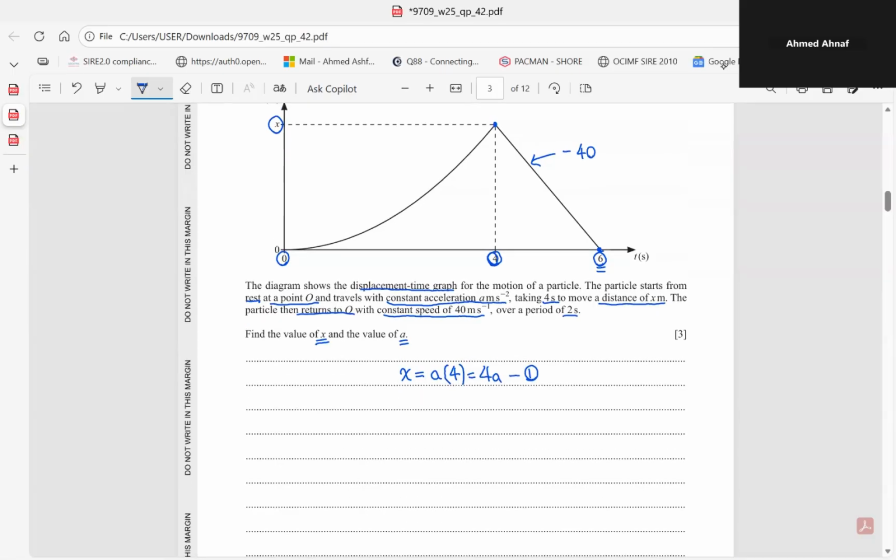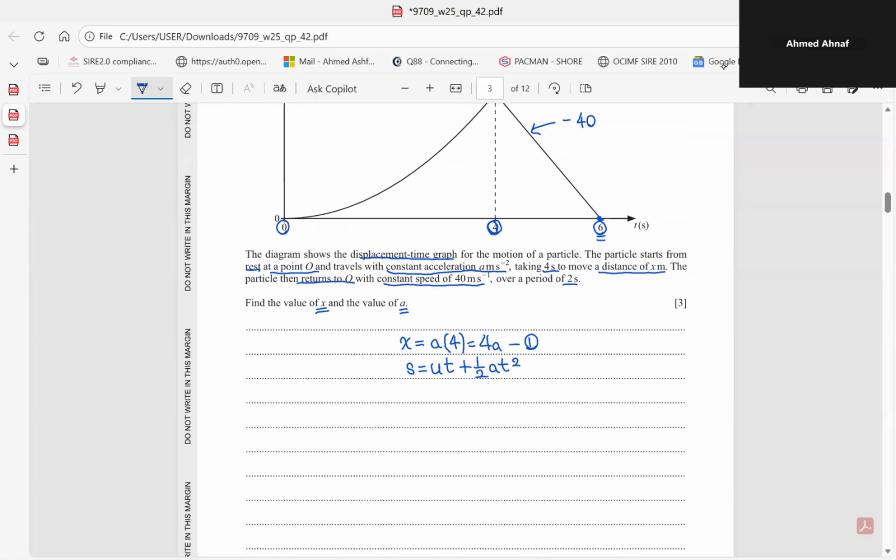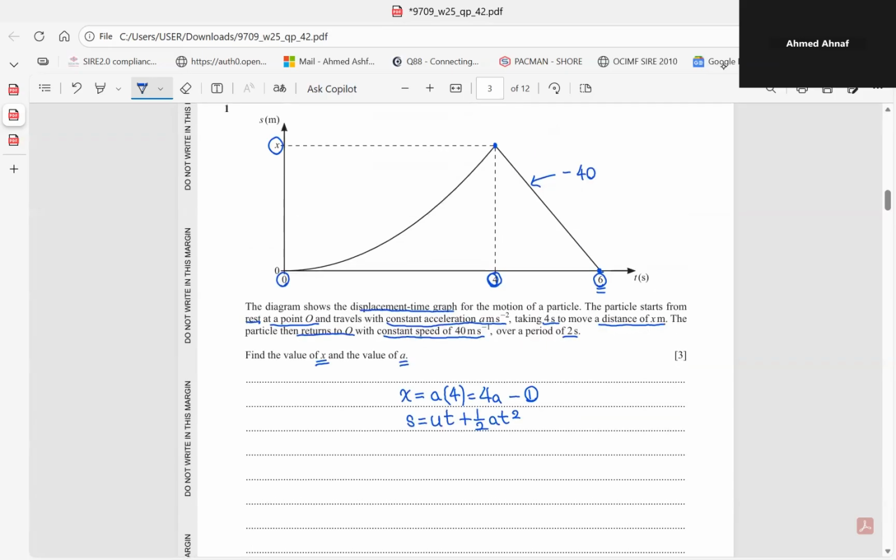Now we're going to use the second formula, s equals ut plus half a t squared. In this case, s is, again, the distance traveled. Oh, wait, sorry.